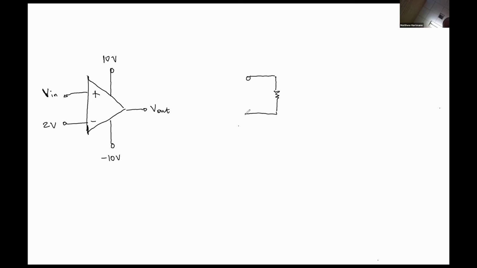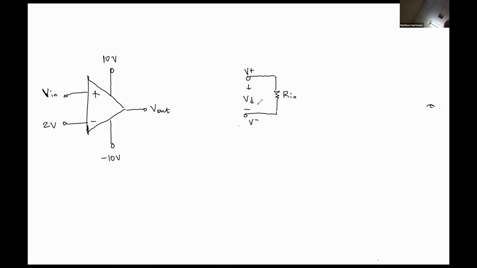So this terminal is for the non-inverting input terminal, and this terminal down here is for the inverting input terminal. This guy is what's called our input resistance, Rin. And we have a differential voltage, Vd, that is simply the voltage drop over that input resistance.